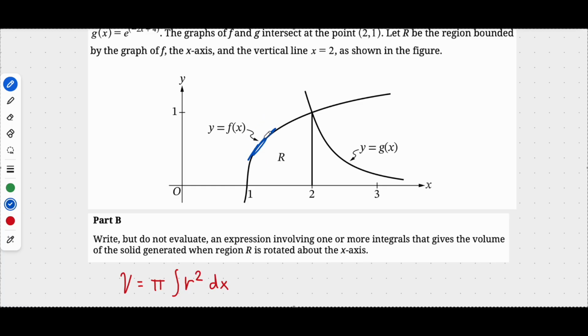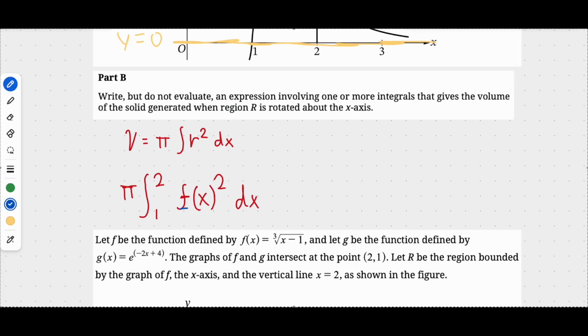So in this case, the top is f of x, and the bottom, there almost isn't a bottom here. I would just call it the x-axis. You could say y equals 0. So in other words, f of x minus 0, which is just f of x. So that's what r is.